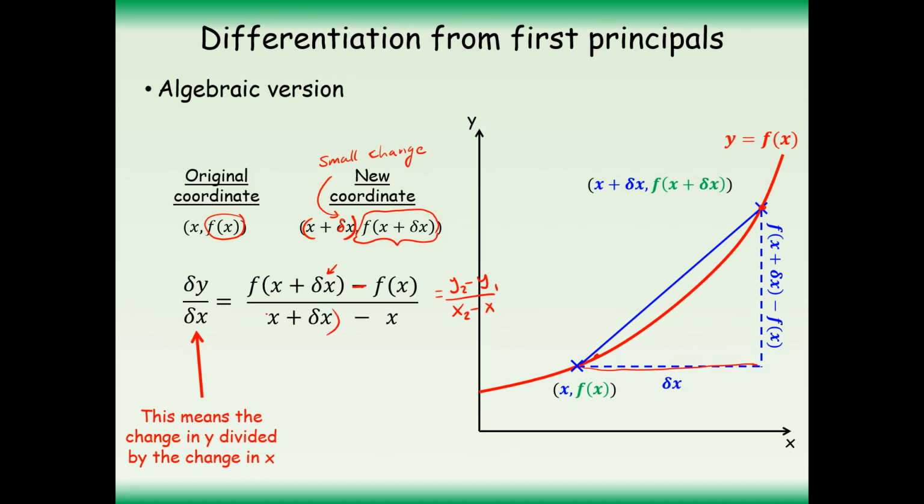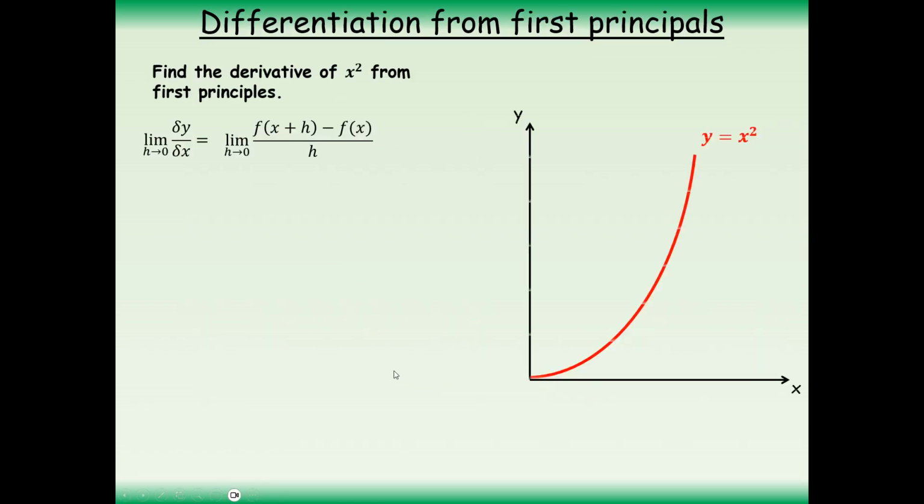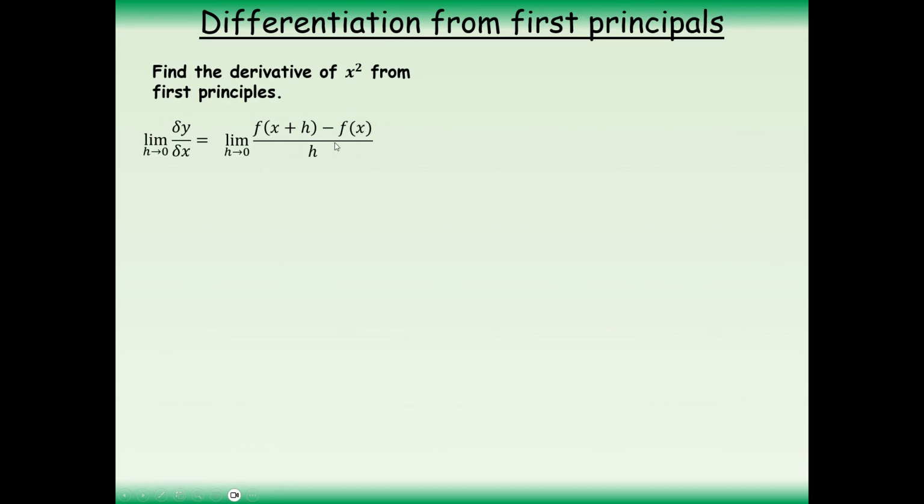This is one term, and notice this plus x and minus x cancel away. You'll find this definition in your formula booklet. There was originally a plus x here and a minus x here, which cancelled away. So that's why you don't see them anymore.